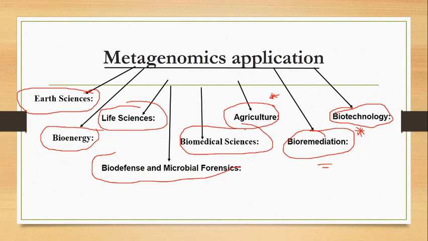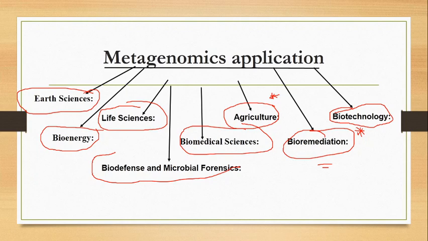That is, we isolate the genome directly from the environment, and we learn the function of that unique gene, or we learn the structure of that unique gene. That is called metagenomics. And why is metagenomics required? Because about 90 to 99% of the microorganisms present in a soil sample are unculturable and need to be studied, because those microorganisms have a lot of functions.